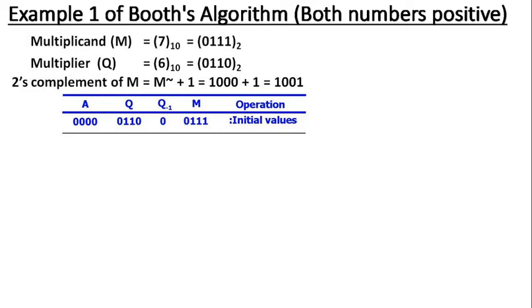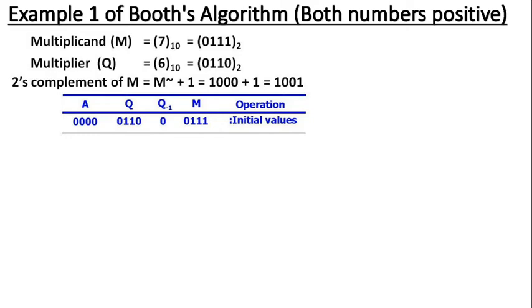As per the flowchart of Booth's multiplication algorithm, whenever the Q0, Q minus 1 bits are equal, say 0, 0 or 1, 1, here it is 0, 0, then no arithmetic operation like addition or subtraction is to be performed. An arithmetic shift right operation is to be performed straight away. It means that from the initial values, my first iteration does not contain a minus M or a plus M, because Q0, Q minus 1 are 0, 0.